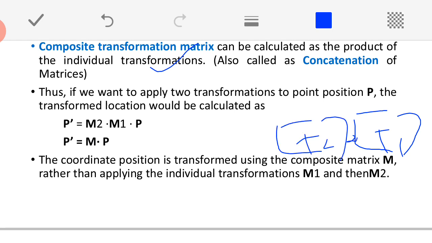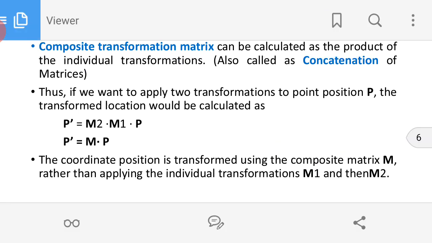If I multiply T1 and T2, that will become the composite transformation. It is calculated as the product of the individual transformations, and is also very popularly known as concatenation of the matrices. Here we are going to concatenate the matrices.